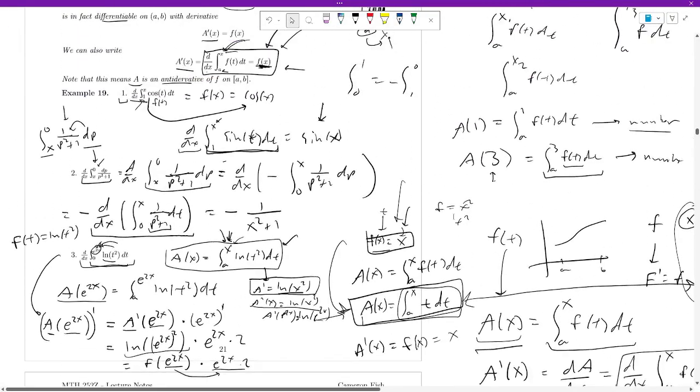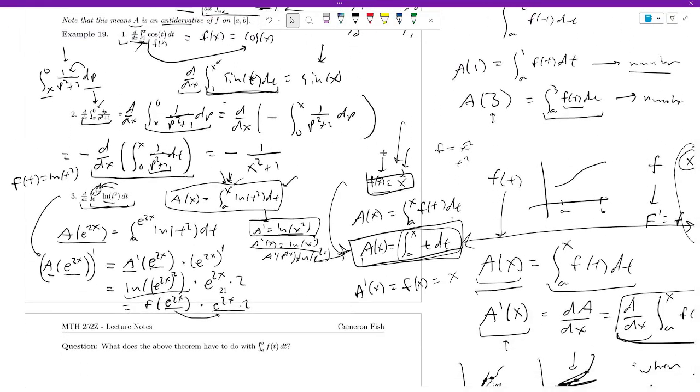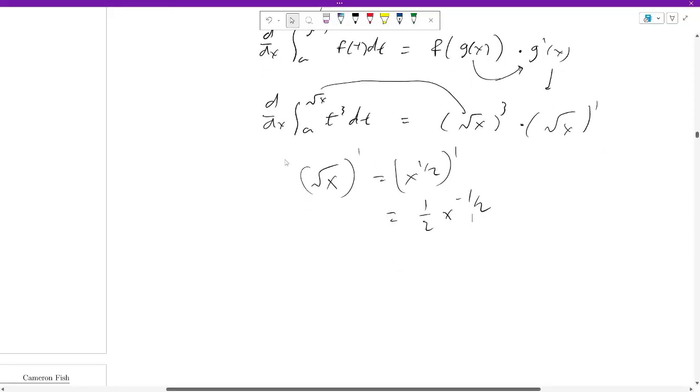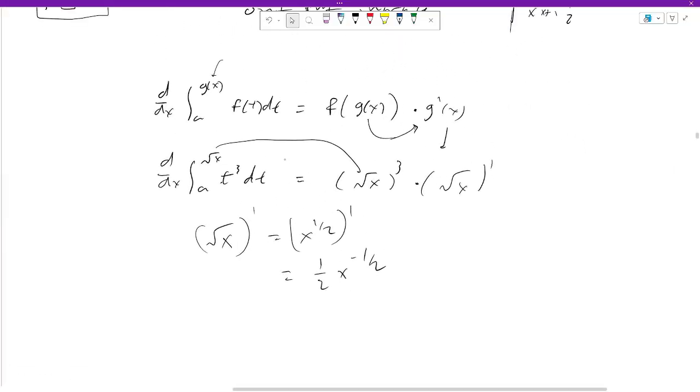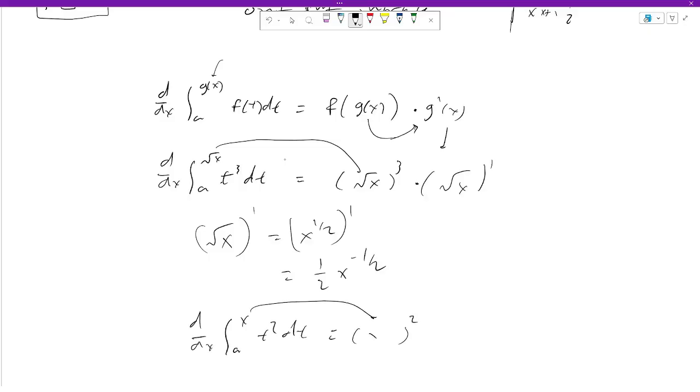Sometimes there's a chain rule that's happening when you do the fundamental theorem. By the way, that's technically always happening. If my g of x function happens to just be x, maybe the integral of t squared dt, if I do the chain rule version, it says take t squared, so something squared, plug the upper bound in, that's x, and then multiply by the derivative of whatever that x is.